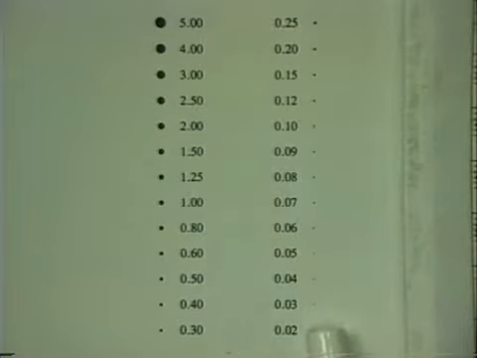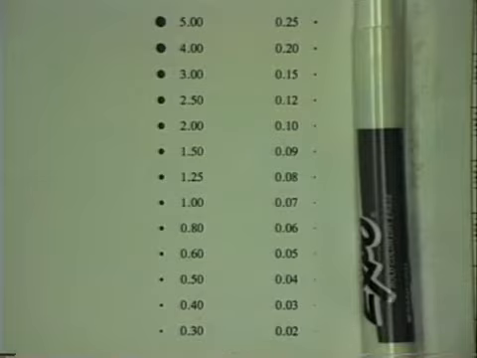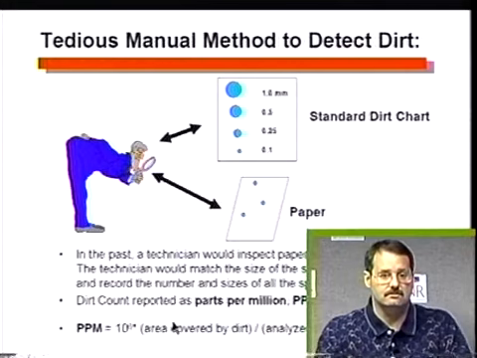Anything below 0.04, for instance 0.03 or 0.02 or less, would be ignored and considered so small that it wasn't offensive to most human beings, that you wouldn't see it unless you're really, really inspecting the paper. So 0.04 was always the borderline between what Tappi considered dirt and what was too small to consider dirt. So that was the tedious manual method to detect dirt.